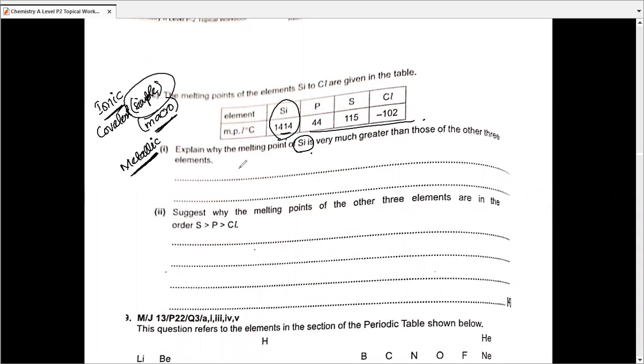So giant molecular, and we have a high melting point because we need to break the entire structure. I mean, every single bond in the structure. It may or may not be a single bond as per the question. So that's why high melting point. If you still have space, you can tell them that these are simple molecular, and you just simply need to overcome intermolecular forces.